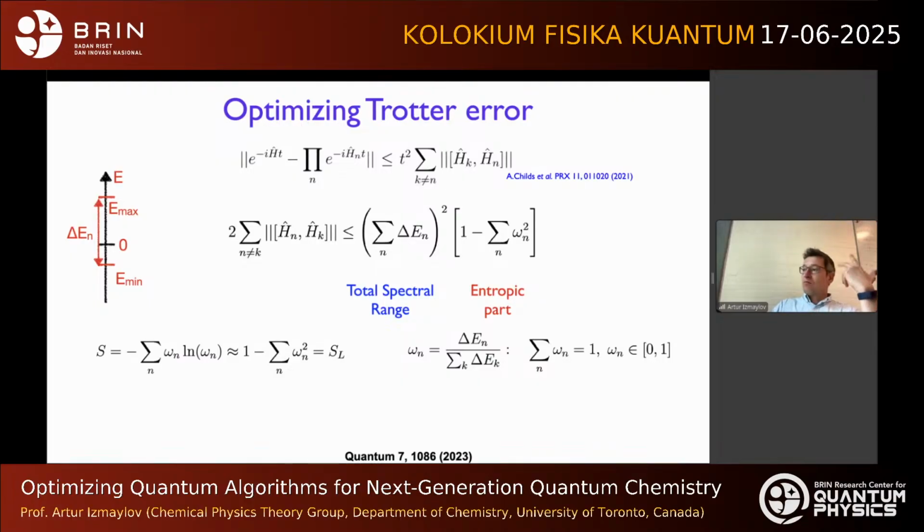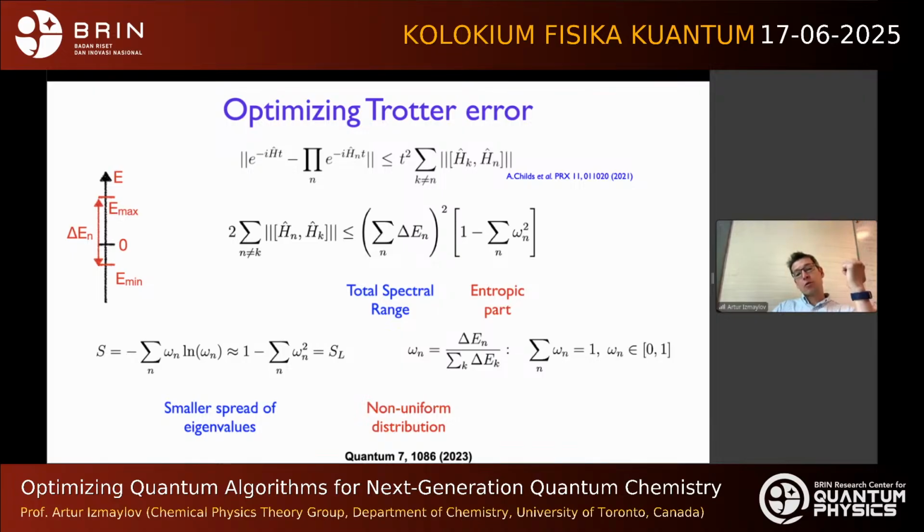And why I'm going into all these details, because it turns out once you realize what the parts of this expression are, you could optimize the error more efficiently. Because then you get an intuition that the smaller spread of eigenvalues will be better, right? So you would like fragments with a smaller spectral range.